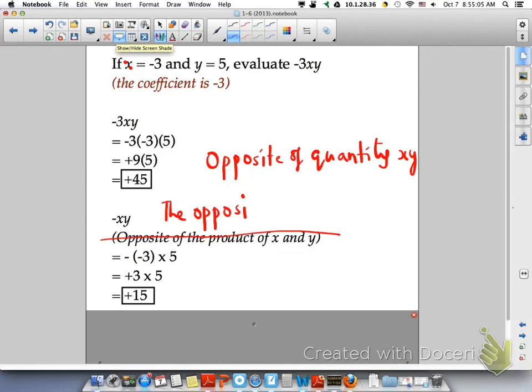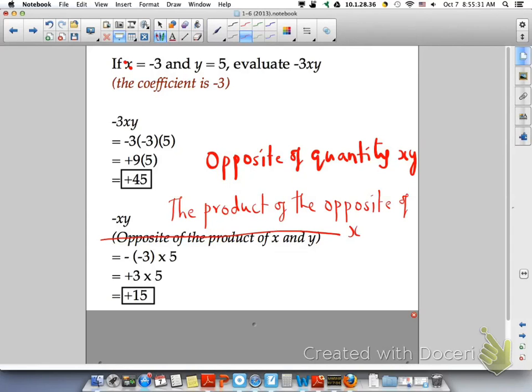Or you could do y times the opposite of x. You can do the opposite of y times x. The product of the opposite of x and y.